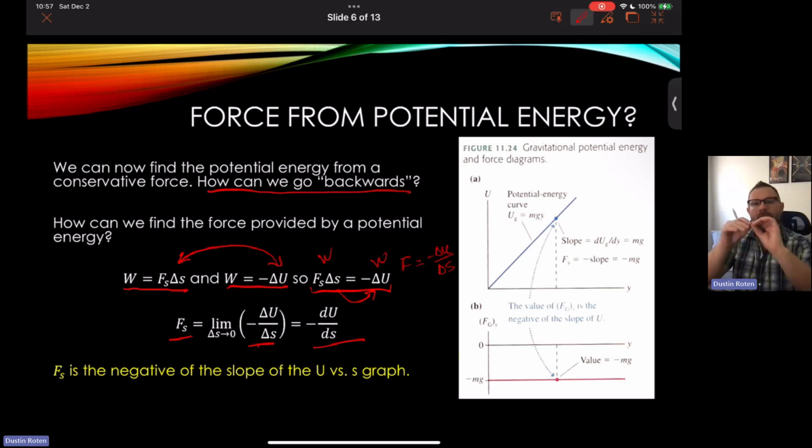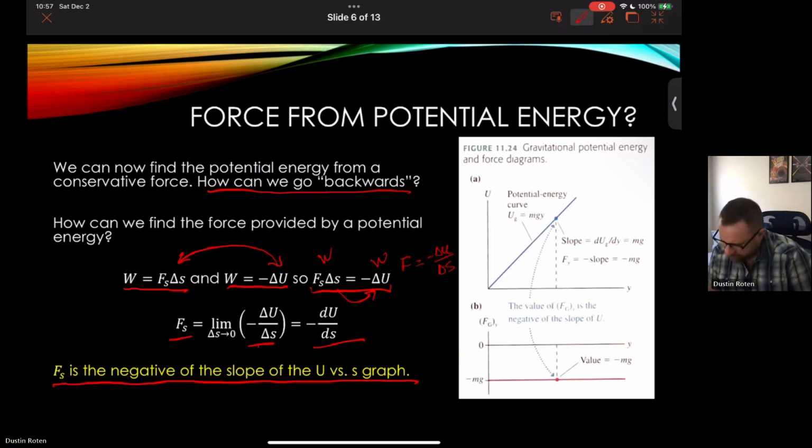However your potential changes with distance within space is going to tell you what your force is doing. So the force is the negative of the slope of the U versus S graph. You can see over here just this simple example. We have GPE, gravitational potential energy.